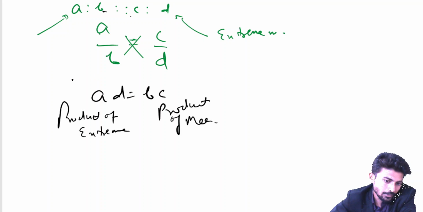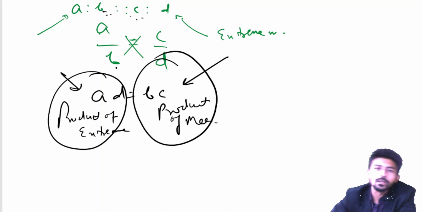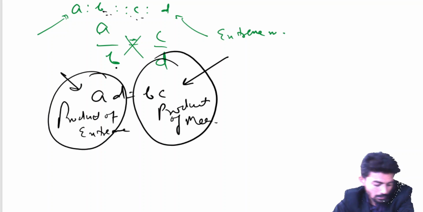But if we understand this concept, the product of extremes will be equal to the product of means. Here the means are two numbers, B and C, and A and D are known as extreme numbers. This way also, if any three numbers are given to us, we can find the unknown, which would be the fourth one. Okay. Now let's move further.